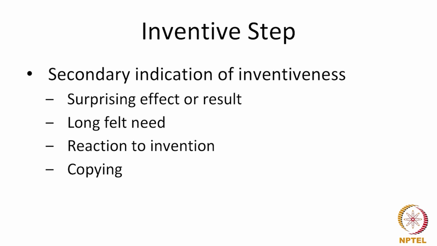Now, this is very similar to commercial success. There is a clear demonstration that the technology is needed and is appreciated. And so is copying. When the market copies an invention, that could also be regarded as a secondary factor for considering inventiveness.